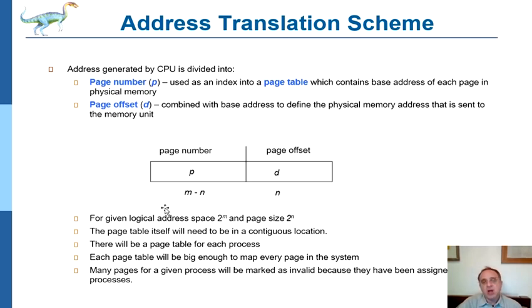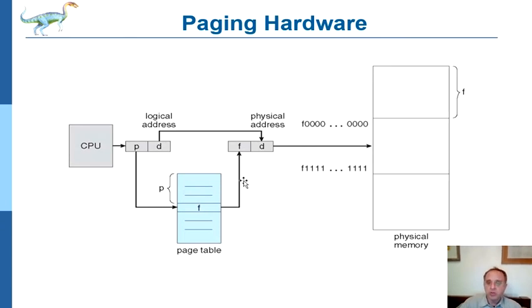The page offset D is combined with the base address to define the physical memory address that is sent to the memory unit. Well, it's really the logical address that's sent to the memory unit, and the MMU, whatever we call this physical setup, will produce the actual address.